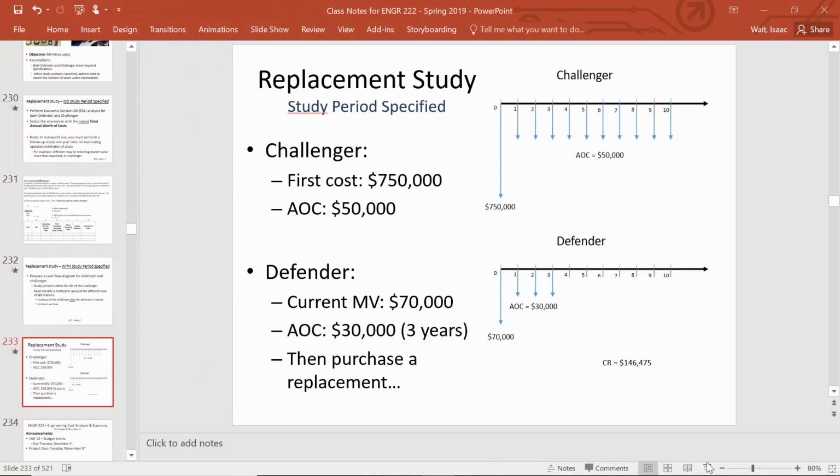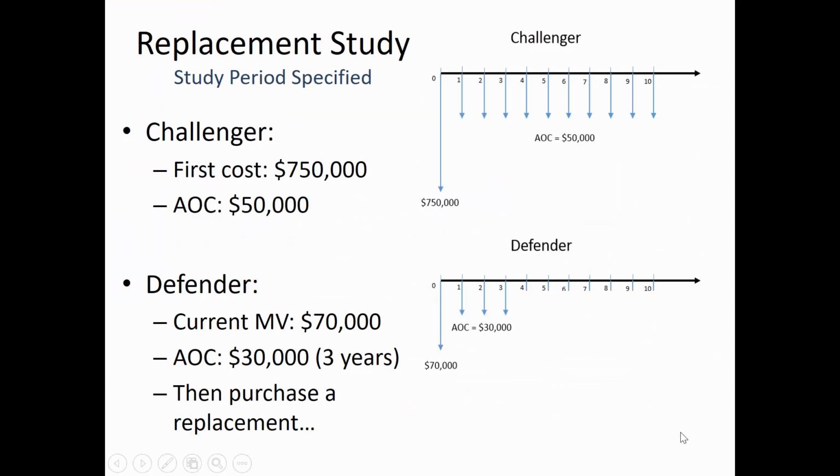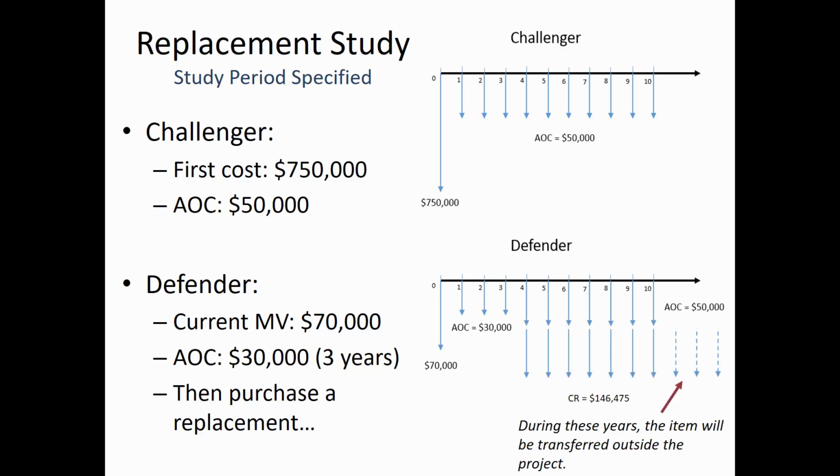In the second problem, there's 2 options. The first option is some new equipment, the Challenger. You pay a lot now, keep it for 10 years. In this example, you have a 10-year replacement study that you're doing. So you have to compare them both over the same 10-year time frame. So what we do is we assume we're going to keep the old equipment for 3 years, and then we're going to replace it with something else.